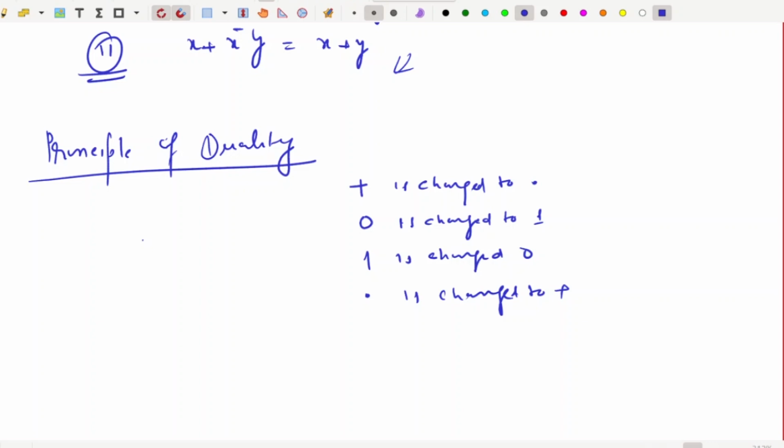The rest of the things remain the same, which means we cannot make any change. If a variable is in complemented form, we cannot do any type of modification.